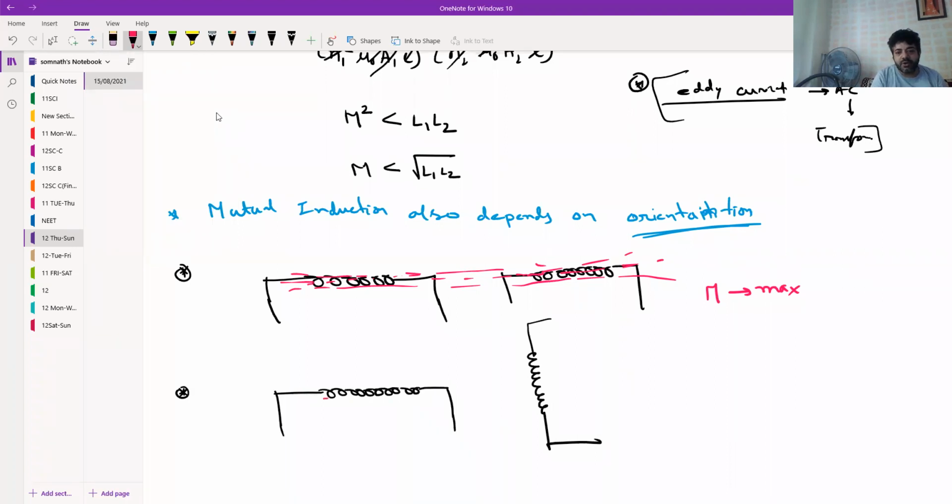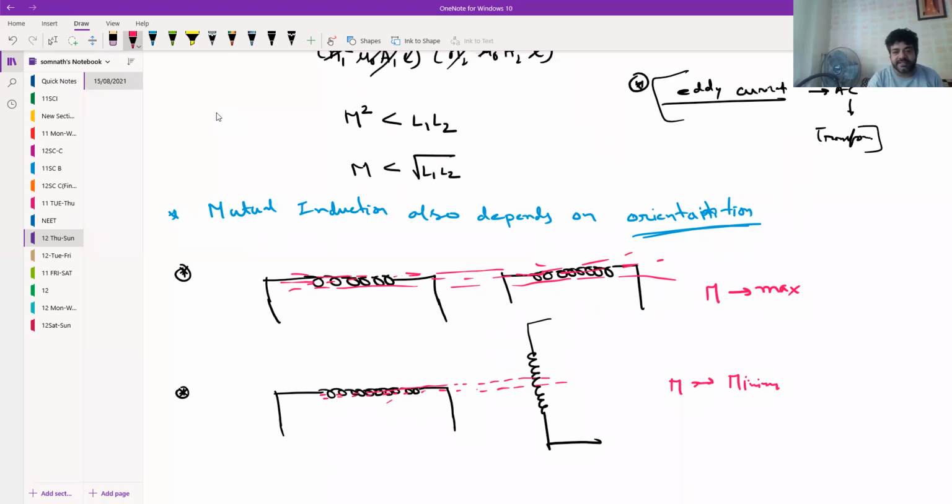Then the common flux is what? Minimum, yes or no? So mutual induction is minimum. Yes, the same coil, same number of turns, same length, everything is same, but at the same time, how you place them also depends on mutual induction.